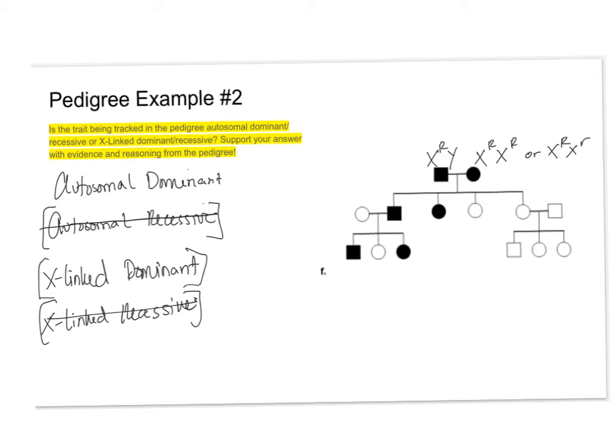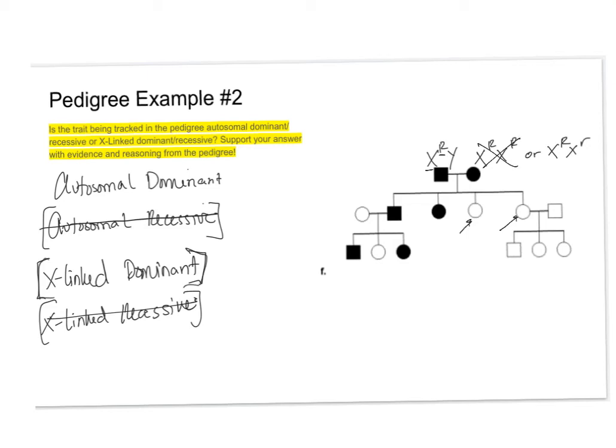However, looking at the offspring again, if we focus in on these 2 daughters, who have, in this case, the recessive form of the trait, because remember that we're assuming the trait being tracked, shaded in, is X-linked dominant, that must mean they had to have received a recessive allele. They're not going to get that from the dad, though, because he's only got 1 copy, and it's the dominant allele in this case. So that must mean it came from the mother.